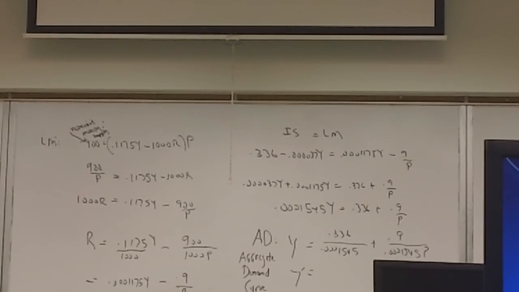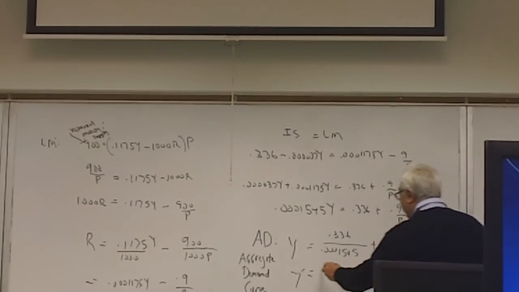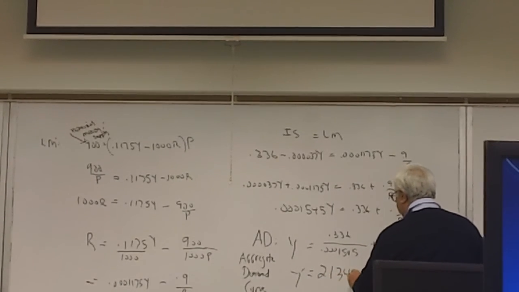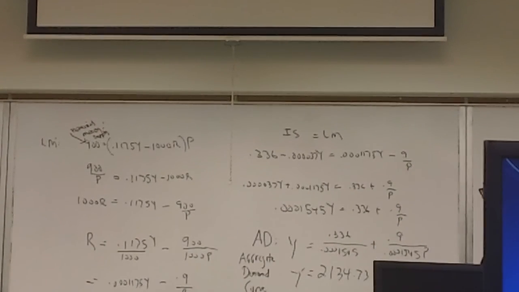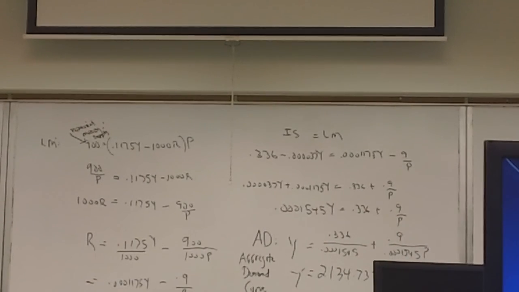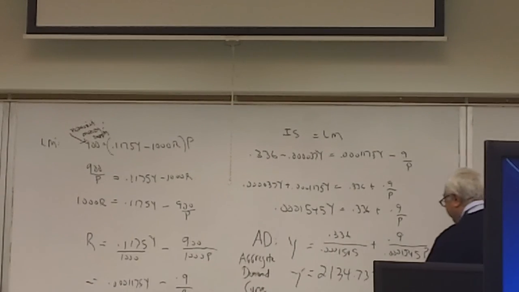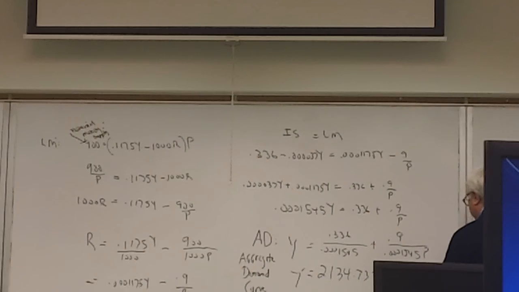It's 2174.75. Is that what you got? Yes. Okay, now, what happens when we take 0.9 divided by it? It's got to be about 5 something. 5825.24 over P.